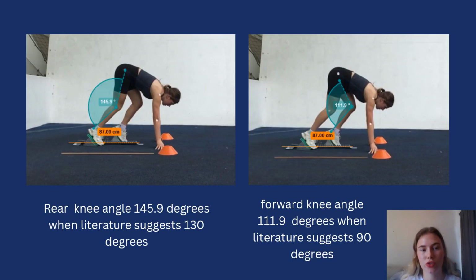These 2 images show the knee angles of the athlete, where their rear knee angle was 145.9 degrees and their front knee angle was 111.9 degrees, which differs from the literature, which says the best outcomes come from 130 degrees and 90 degrees.